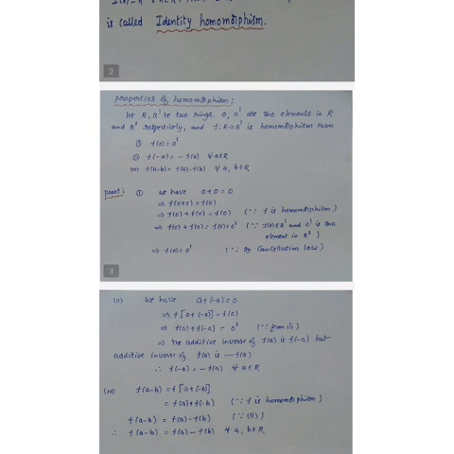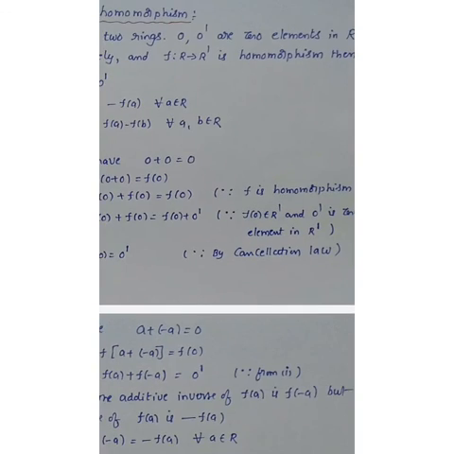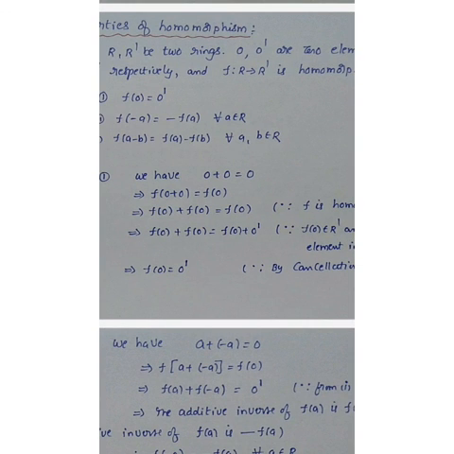So what is the first condition? f(0) = 0'. To show this, we have 0 + 0 = 0. Applying f on both sides, f(0 + 0) = f(0).